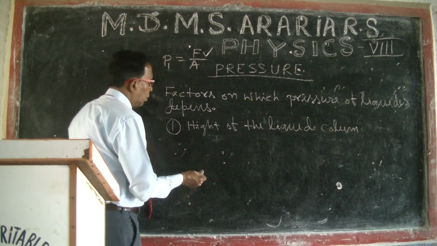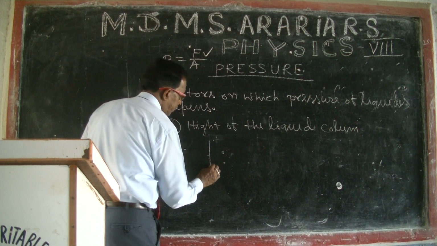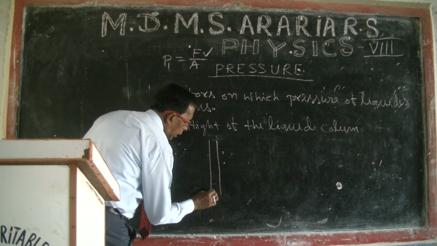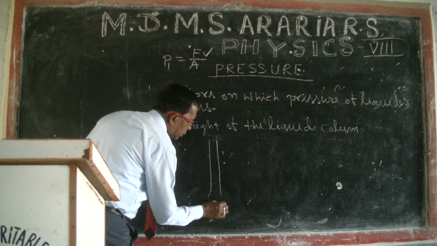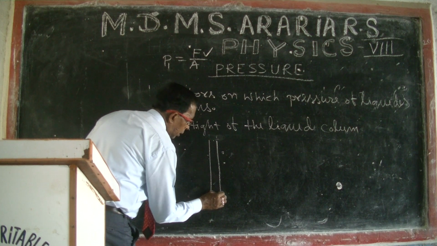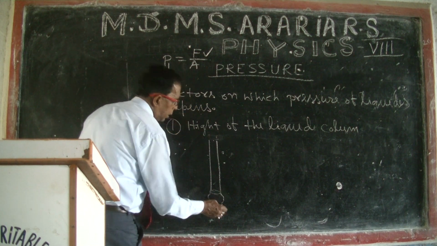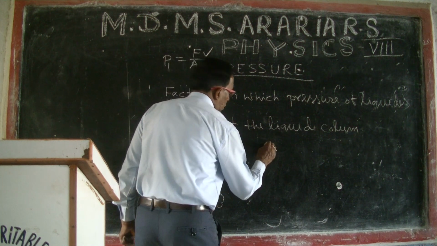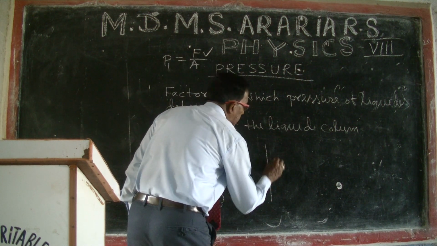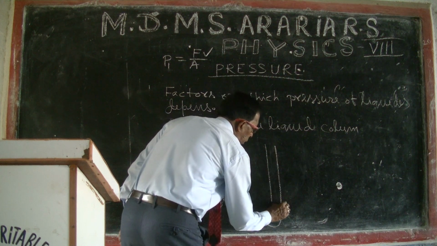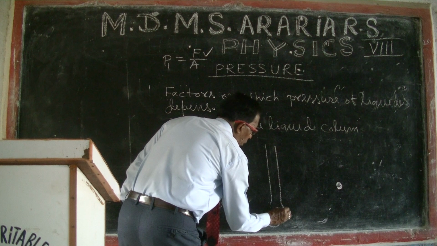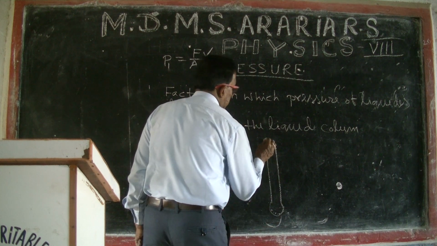The tube column is this, A, and a balloon is here at the other end. This is column A, and another column of same length, same height, same area of cross section, also has a balloon at the second end.